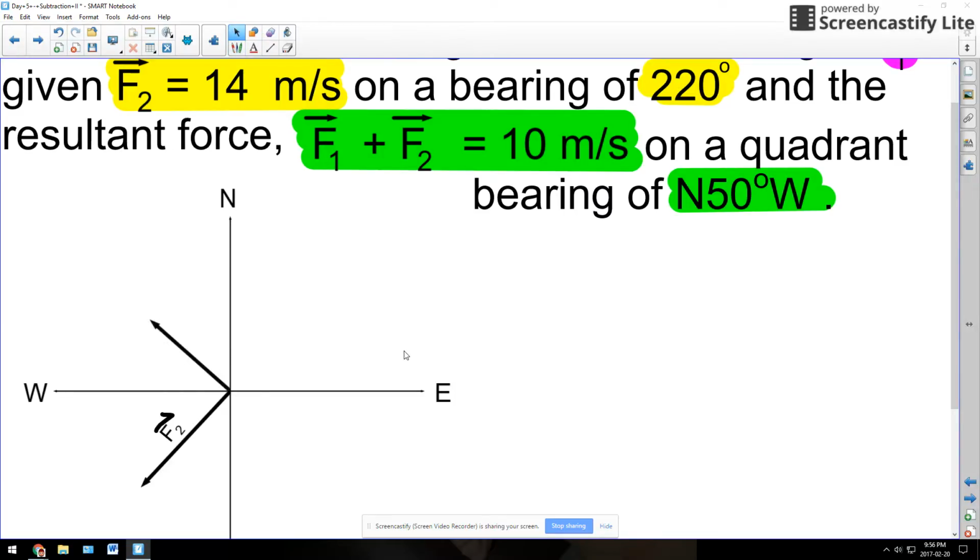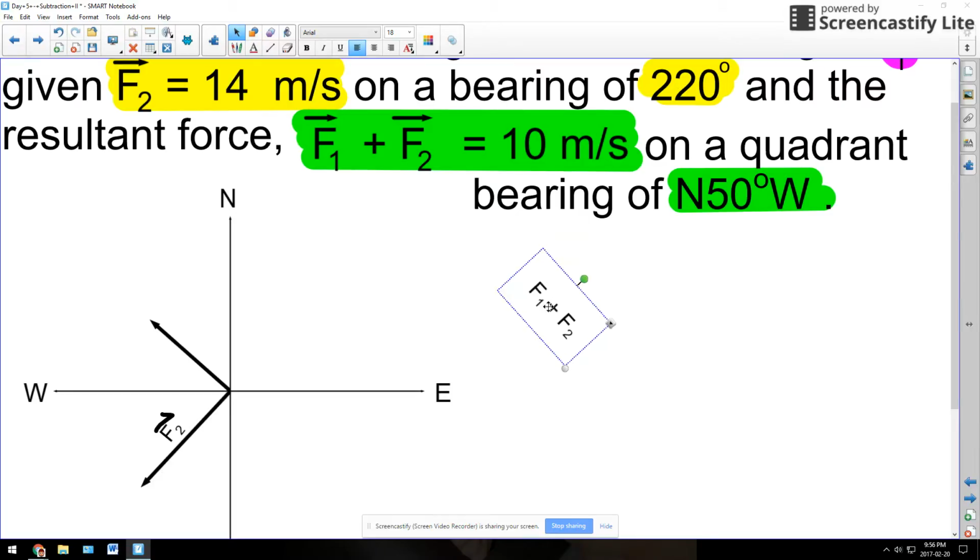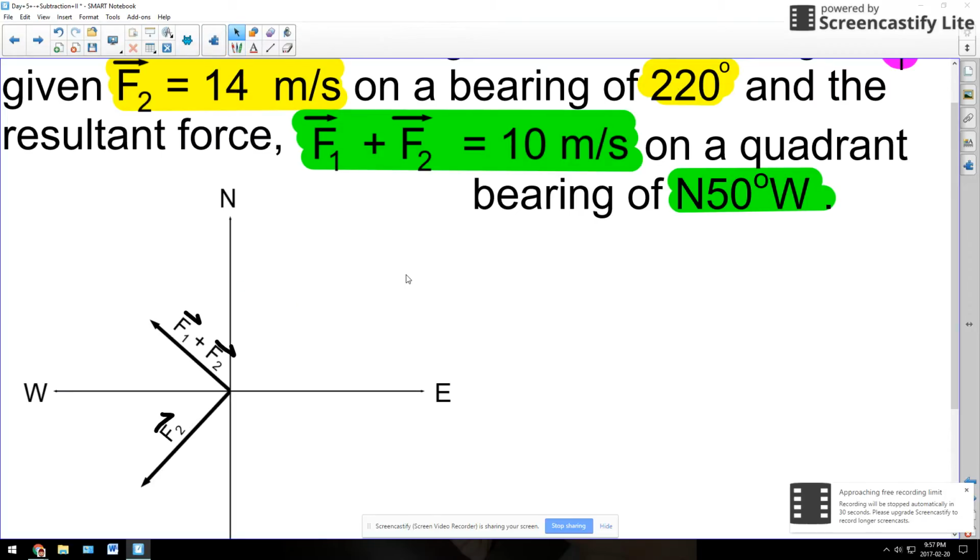So approximately that way, a little bit shorter, and this is F1 plus F2. Just like that.